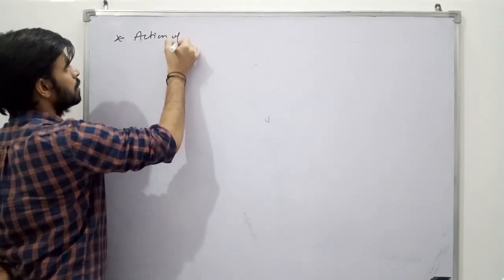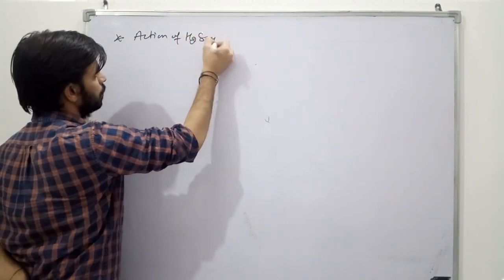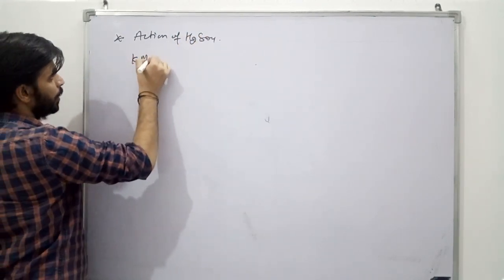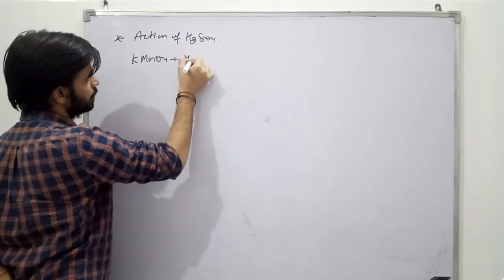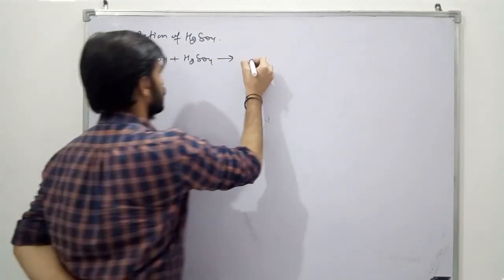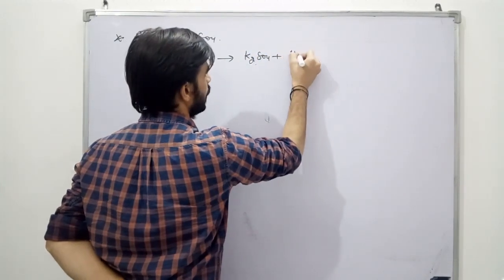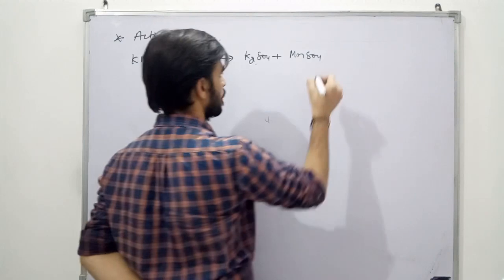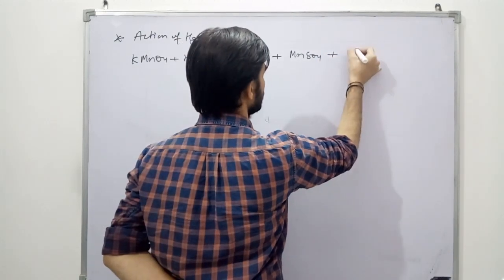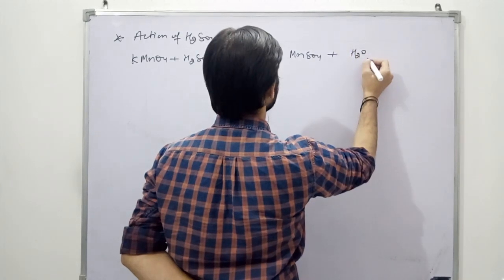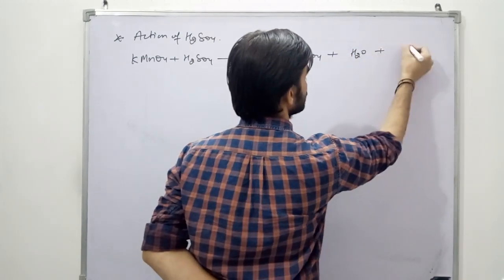Action of sulfuric acid on KMnO4. KMnO4 when reacting with sulfuric acid gives K2SO4, MnSO4, H2O and nascent oxygen.